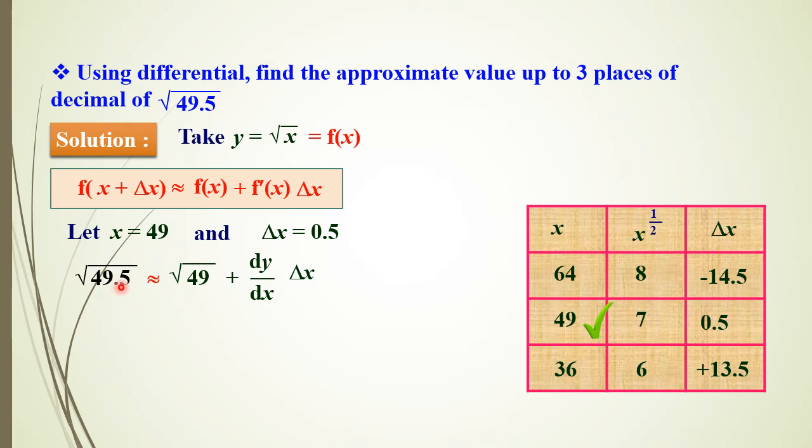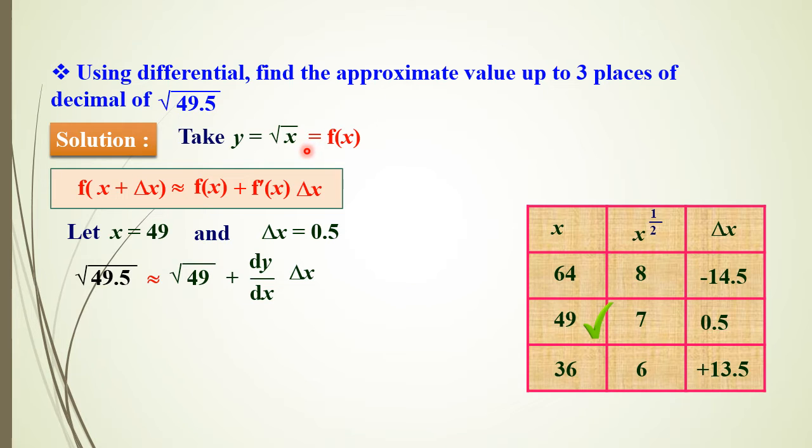So root of 49.5 is equal to f of x, which is root x, so root 49, plus f dash of x, that is the differentiation of the term root x.